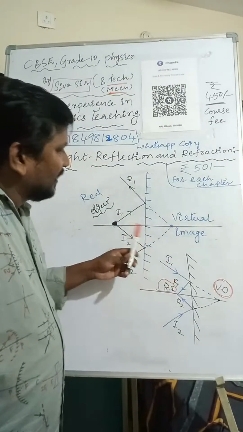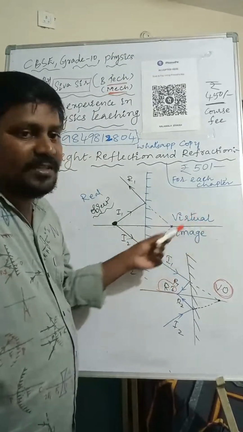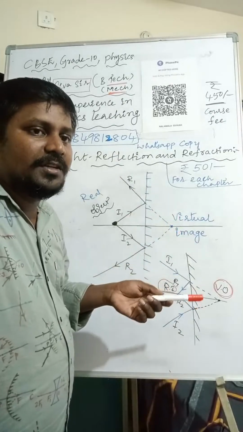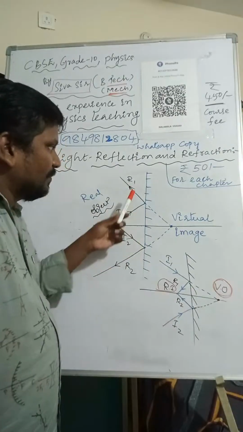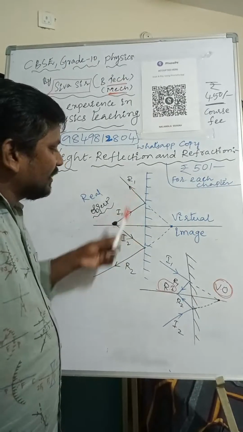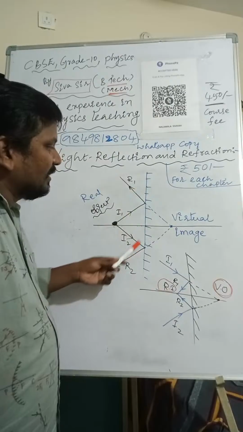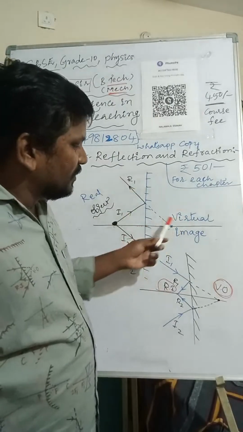And coming to the virtual image, this is the virtual image. Why is it a virtual image? The point of intersection of reflected light rays. These reflected light rays are meeting at one point, that is called a virtual image.